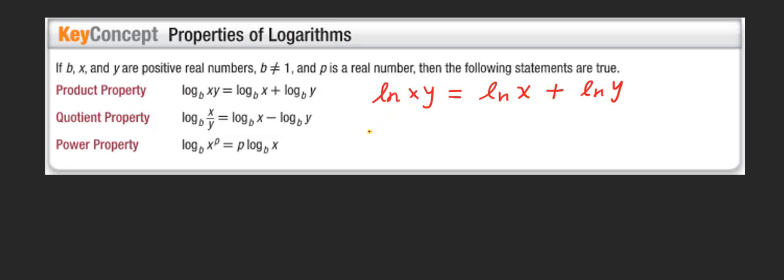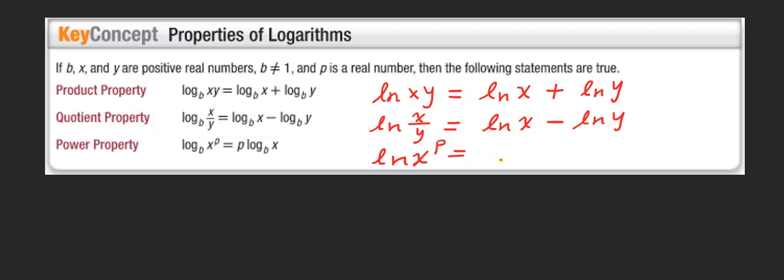And then if you have natural log of x over y, that's going to be the same thing as natural log of x minus natural log of y. And if you have natural log of x to the power of p, using the power property, it's going to be p times natural log of x.